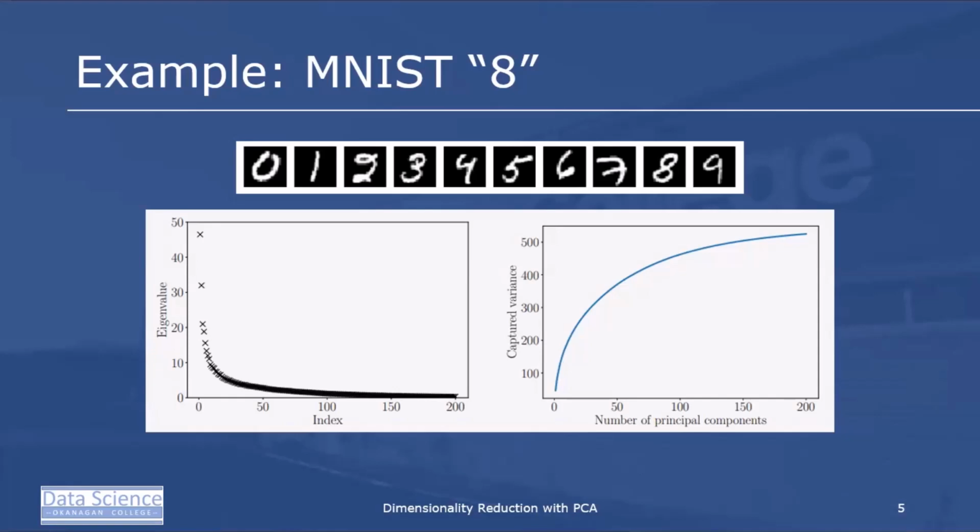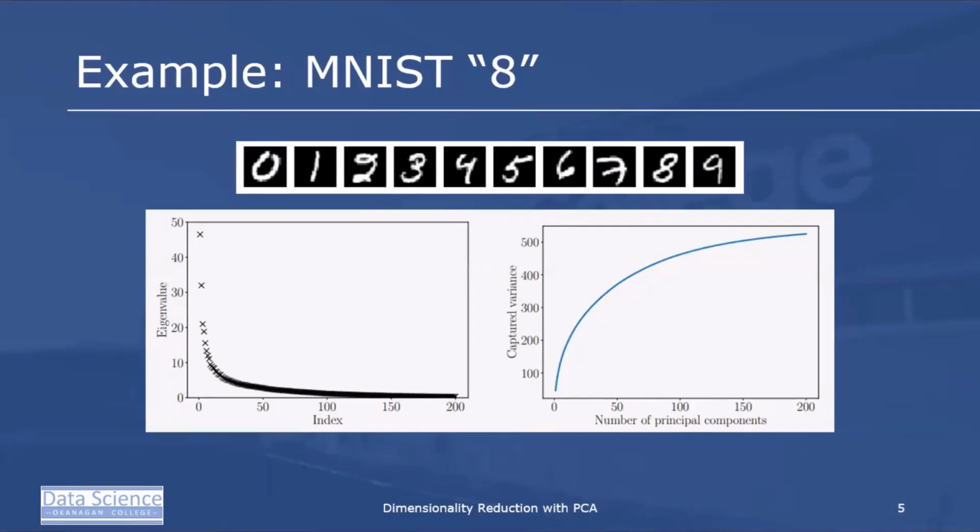In the figure on the left, we have eigenvalues sorted in descending order of the data covariance matrix of all of the 8 digits of the MNIST training set. So we've gone through, we've picked out every 8, we've trained the data, and we've picked out all these eigenvalues.